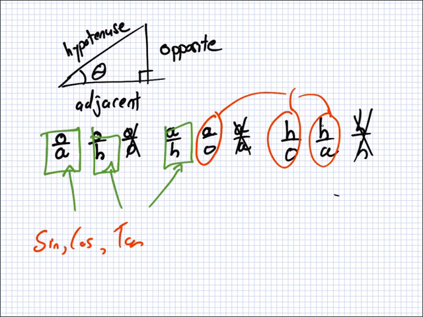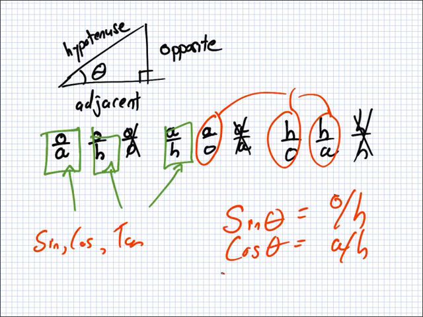And does anybody know what these 3 are? Cosecant, secant, and cotan, which we'll have a look at in the 2nd semester. So, sine theta, which one's that? Opposite over hypotenuse. Cos theta, adjacent over hypotenuse, and tan theta, opposite over adjacent then.